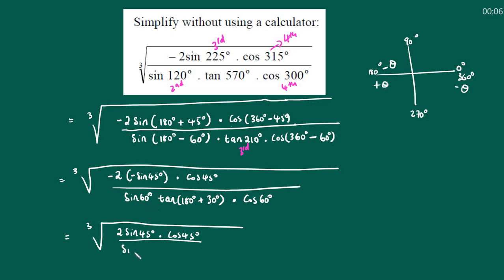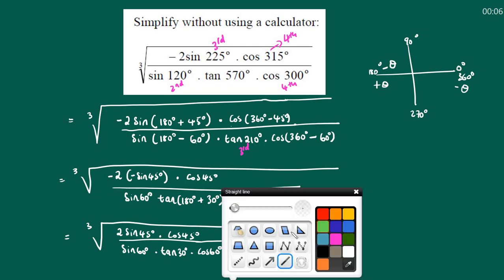Sine 60 degrees times what? Tan 180 plus 30, and remember it's the third quadrant, it's positive, so that should be tan 30 degrees, and then multiplied by cos 60 degrees. Now, as you can see, all of those are your special angles, which necessitates your what?